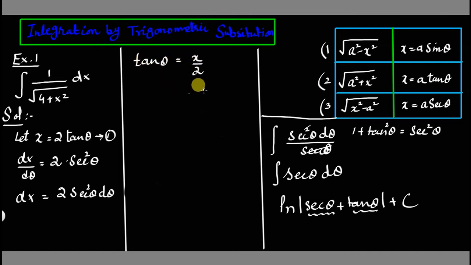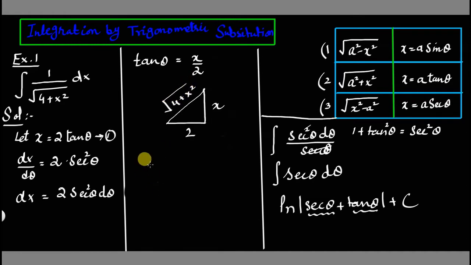If we make a triangle like that, this is x, this is 2, perpendicular and base. You can easily find out the hypotenuse, and that will be square root of 4 plus x square.